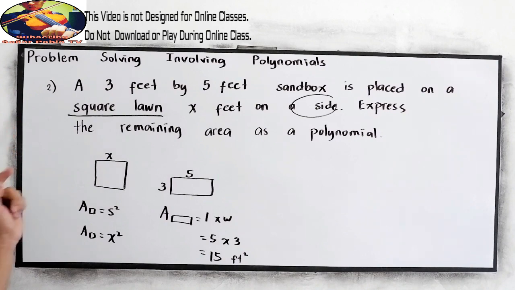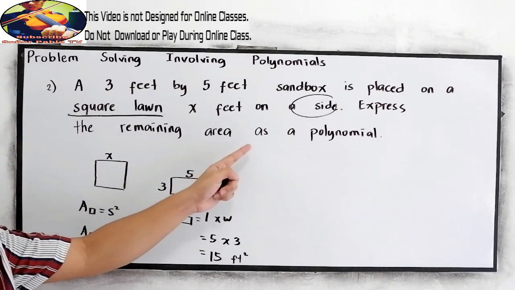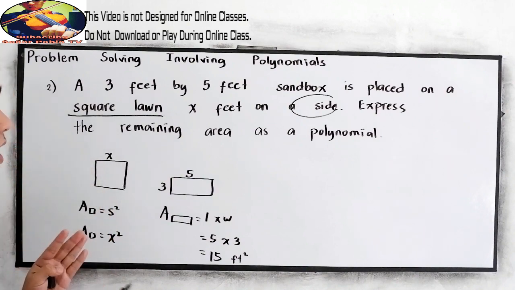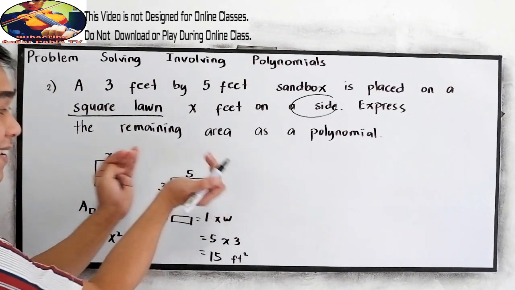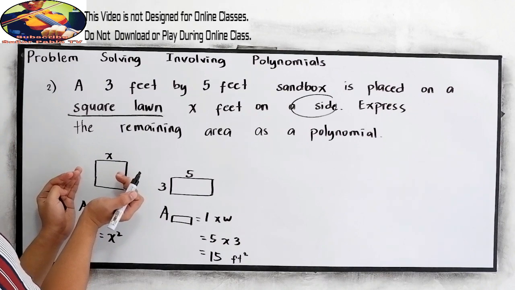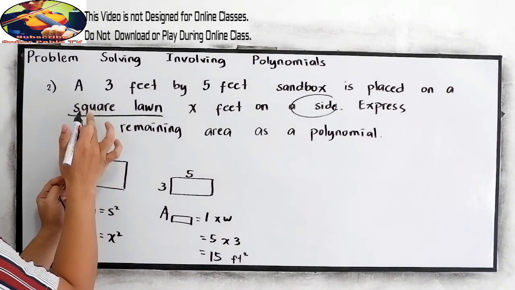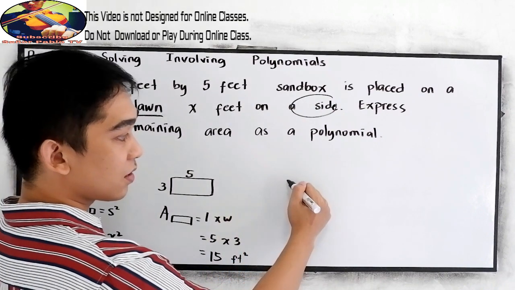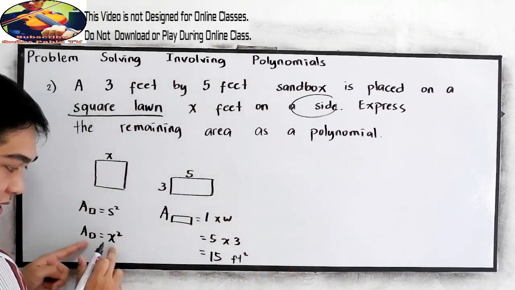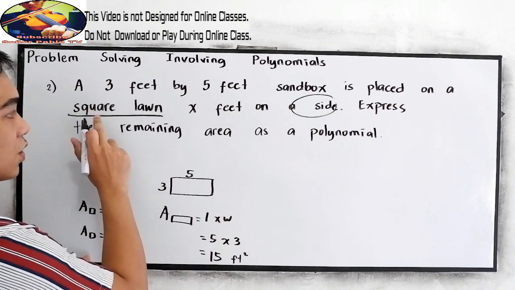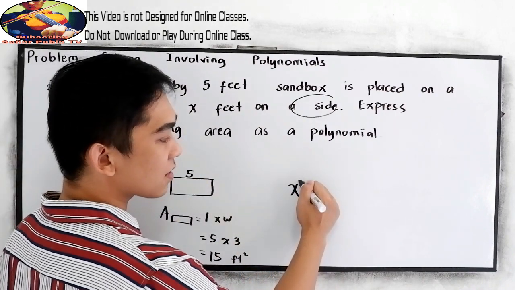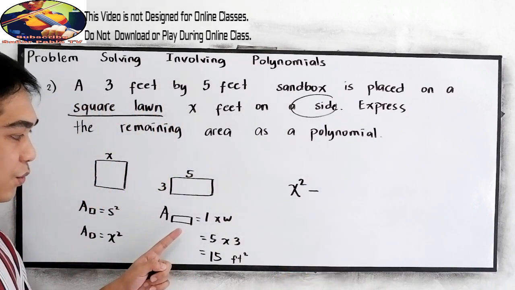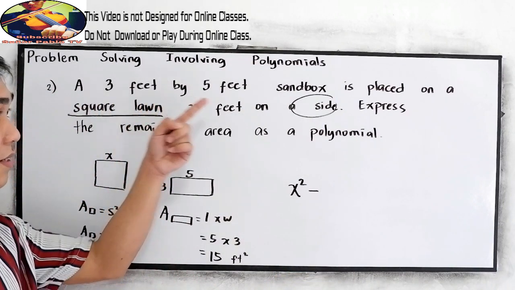Now we're going to express the remaining area as a polynomial. So what will be the remaining area if the sandbox is placed on a square lawn? We have our total area, which is the area of the square lawn, x squared, subtract the area of the sandbox.